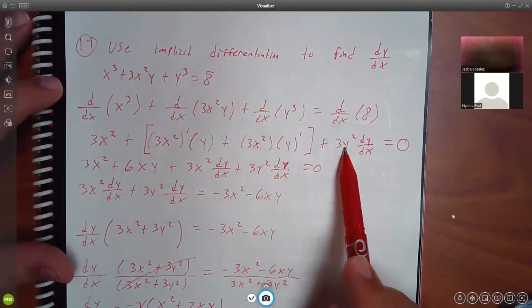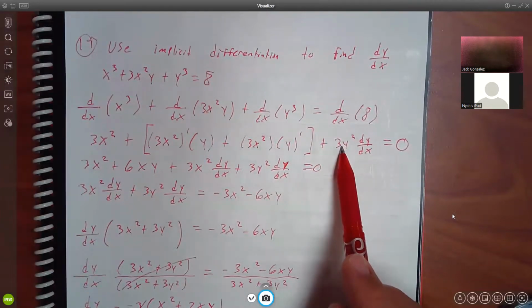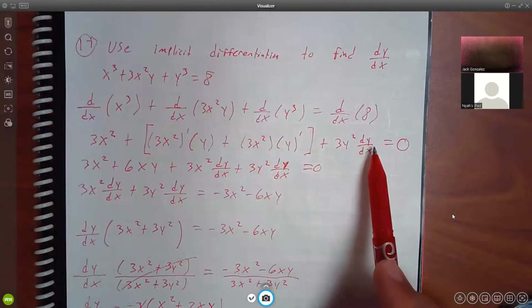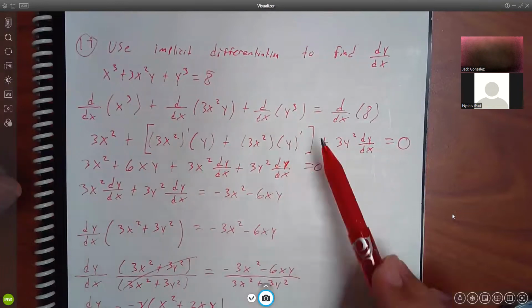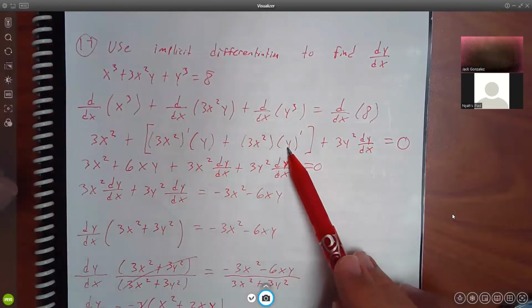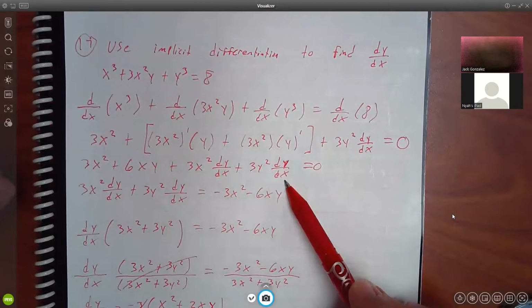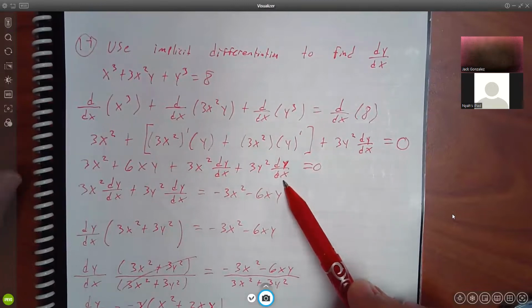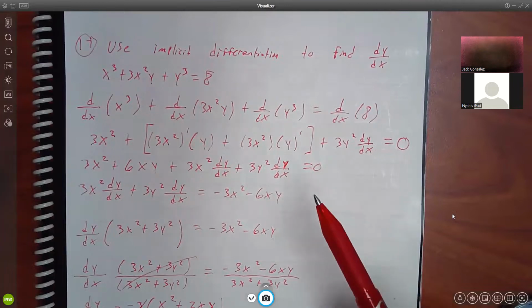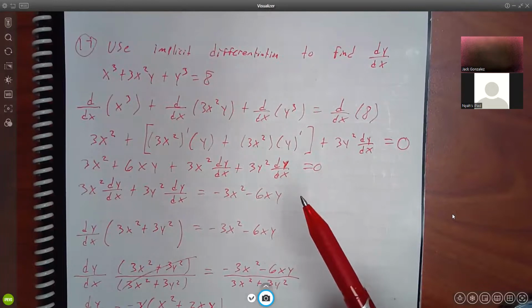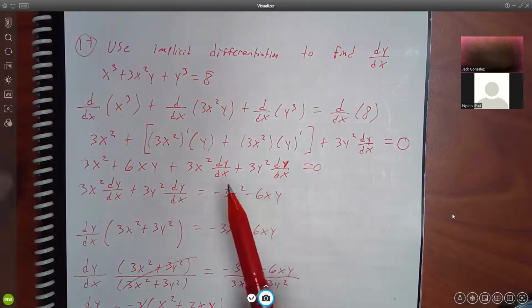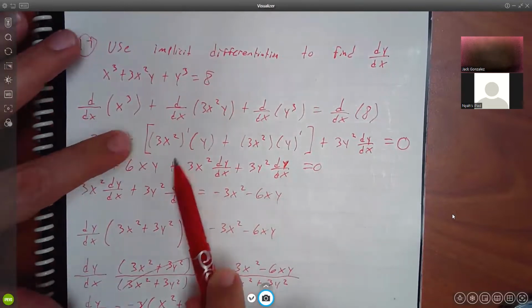Here, see how I did 3y squared? That's the same as always. But because it wasn't an x, you tack this on. Over here, derivative of y is a 1, but you have to tack on the dy dx also, with the 3x squared.